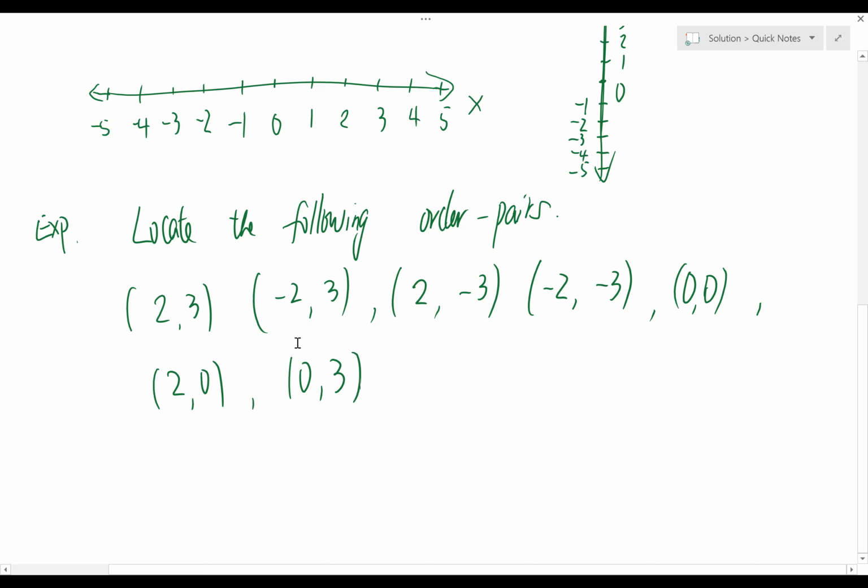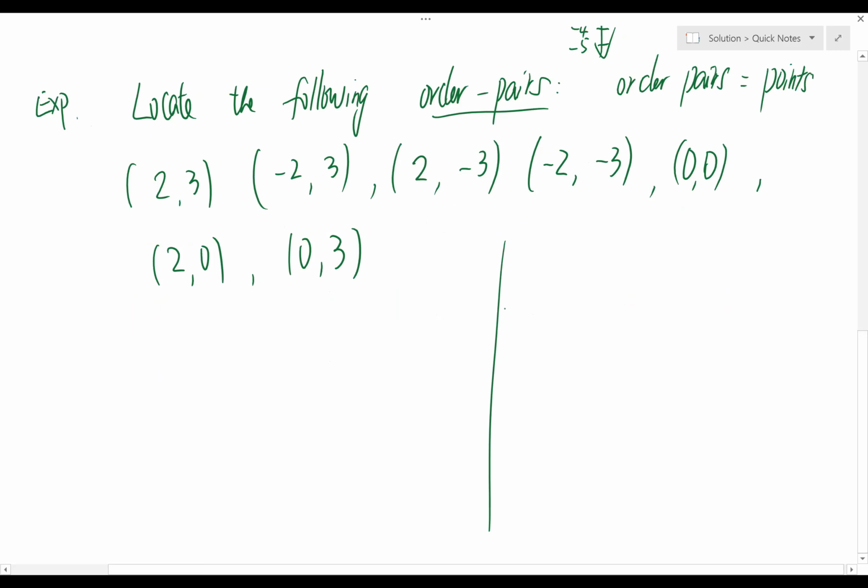So anytime when you see order pairs, that means we're talking about points. So this is what we call order pairs, and order pair is equivalent to points in the Cartesian system.